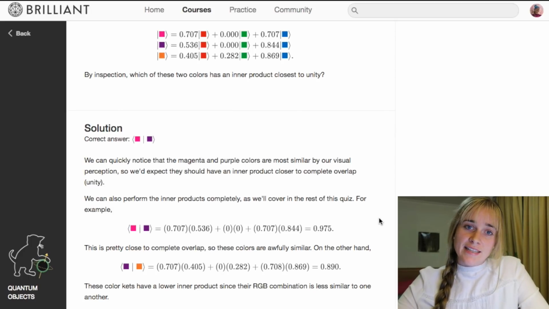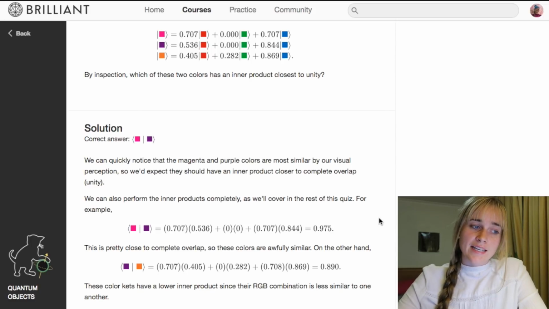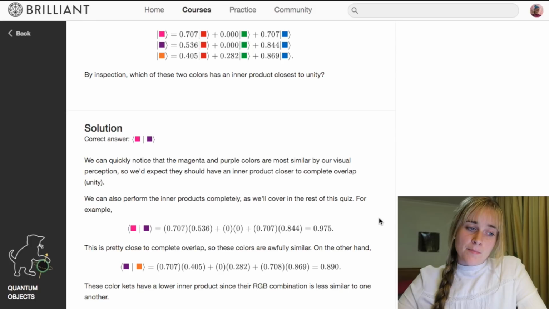So that's how much green they have. They both have 0 green. 0 times 0 is 0. Adding on 0 didn't change much. Now let's add on the product of the third element. So that's how much blue they have in them. It's 0.7 for the pink and 0.8 for the purple.